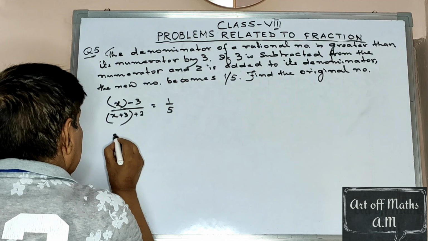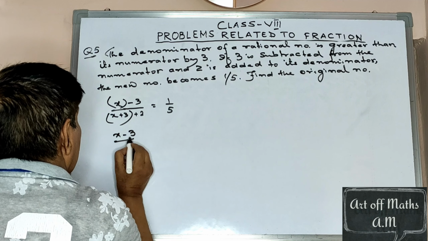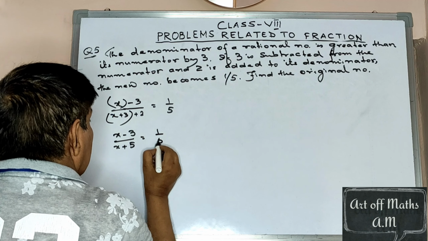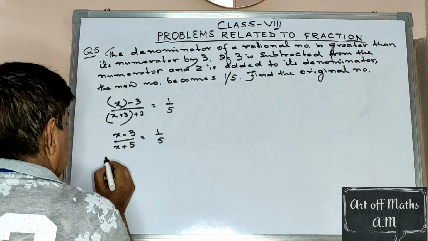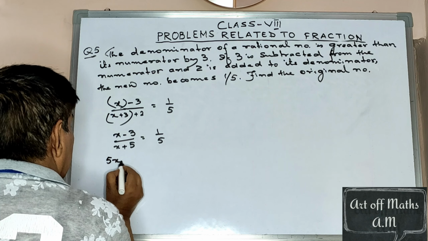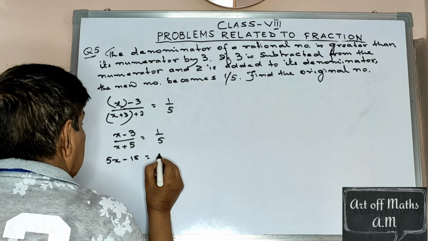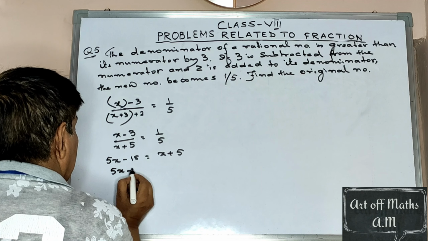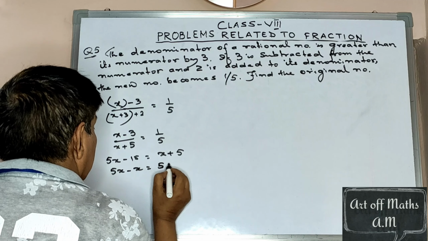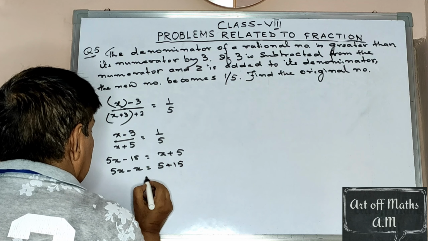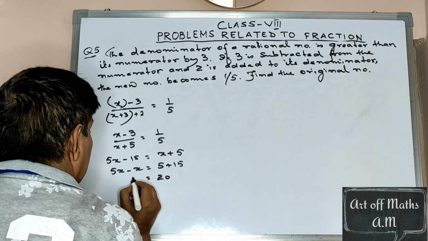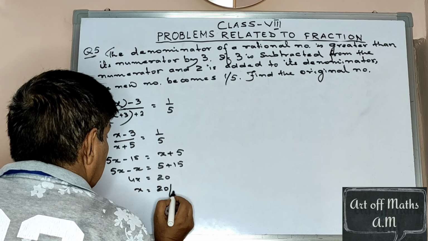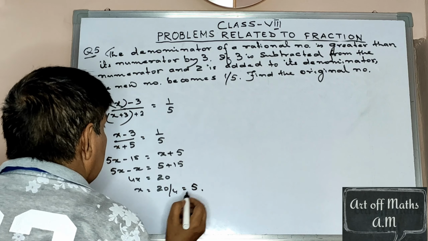Now here x minus 3 over x plus 5 equal to 1 by 5. By cross multiplication, 5x minus 15 equal to x plus 5. 5x minus x equal to 5 plus 15. 4x equal to 20, x equal to 20 by 4 equal to 5.